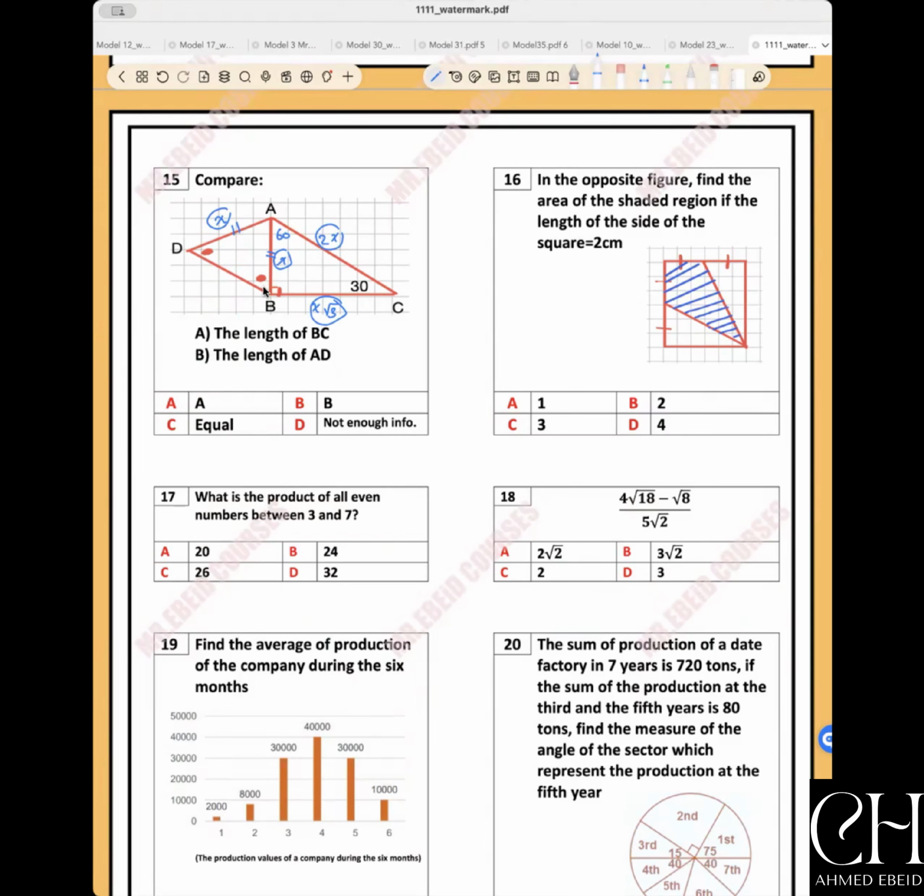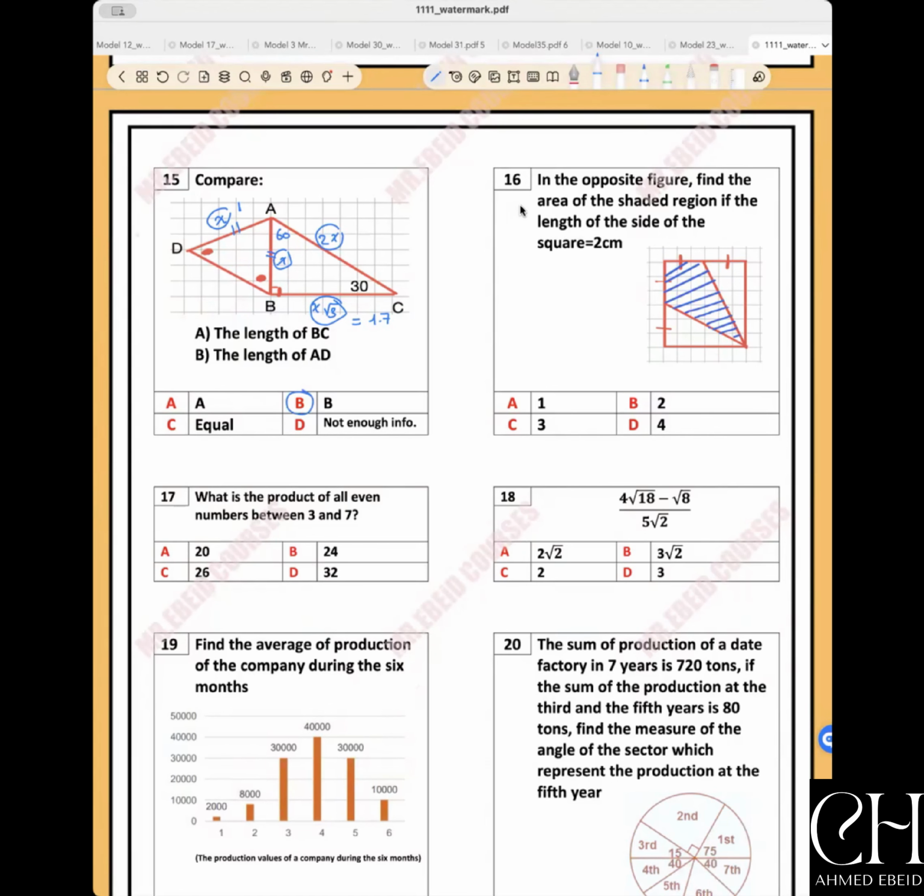So this side is 1, AD equals 1, and we have 1 root 3, which is root 3. The value of root 3 is approximately 1.7. This is if x equals 1. It means BC is longer than AD, or greater than AD, so the answer is B.